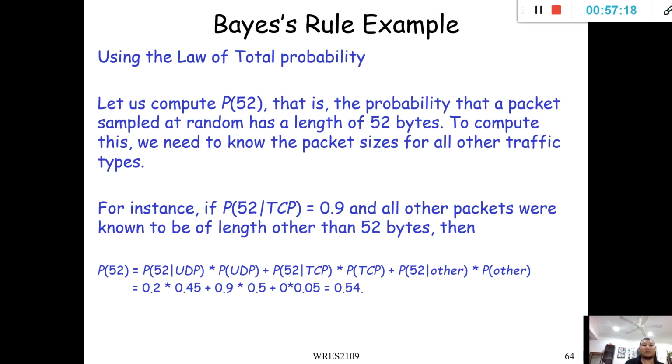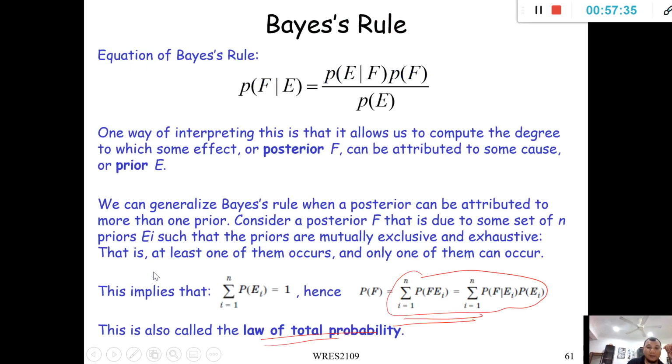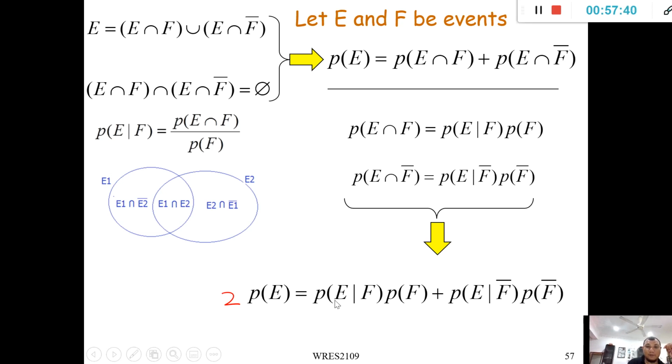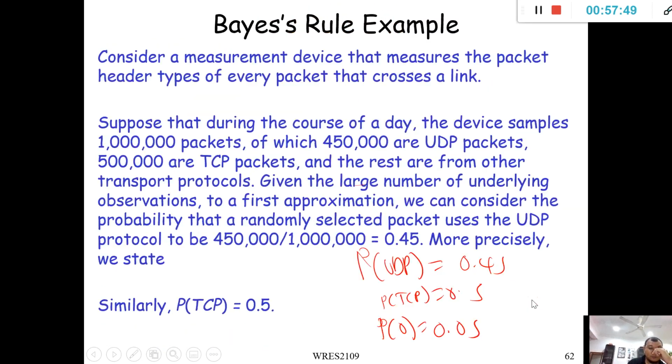Again, you can also use the law of total probability. P(52 given TCP) is 0.9. For instance, if all the other packets are known to be of a length other than 52 bytes, then you use Bayes number 3, this one. Bayes law of total probability: P(E) = P(E given F)P(F) plus P(E given F complement)P(F complement).